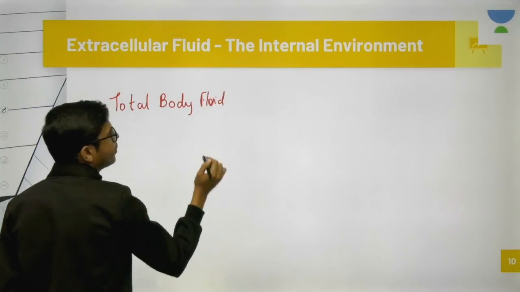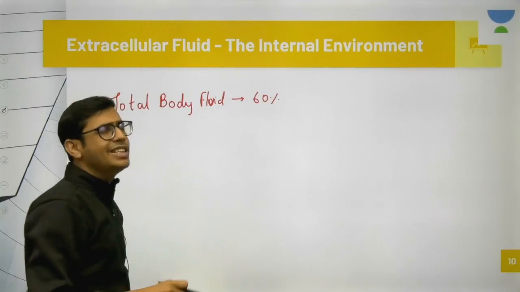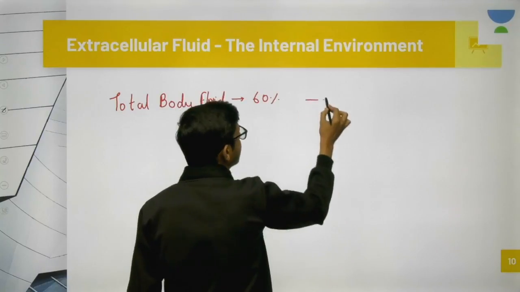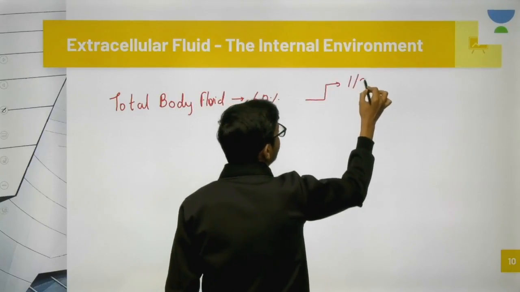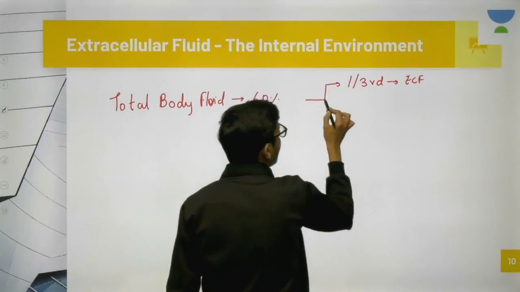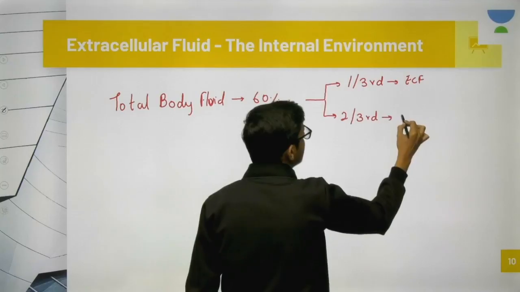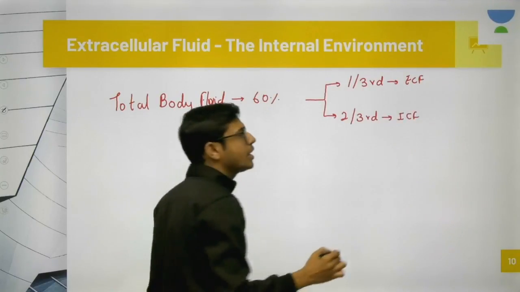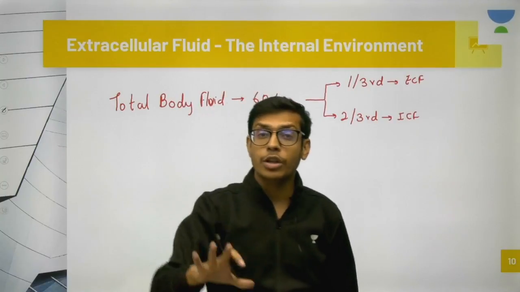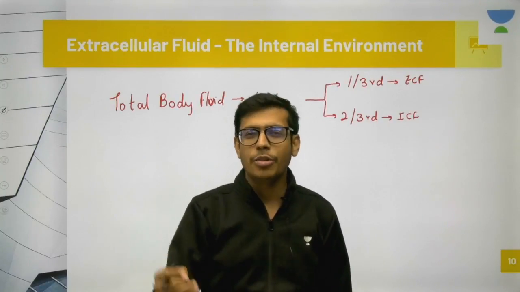Out of this 60% total body fluid, one third is my ECF, extracellular fluid, and 2/3 would be ICF, that is intracellular fluid. Now you would ask, what is intracellular fluid or what is extracellular fluid? I think you know it, but still it's my job to tell you.